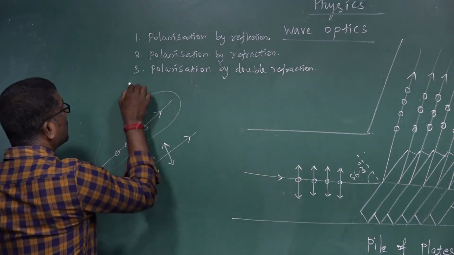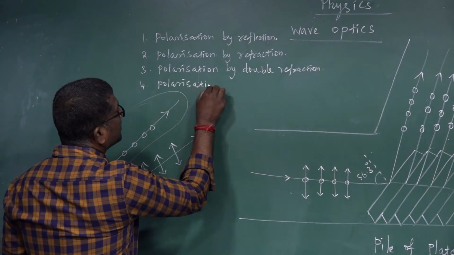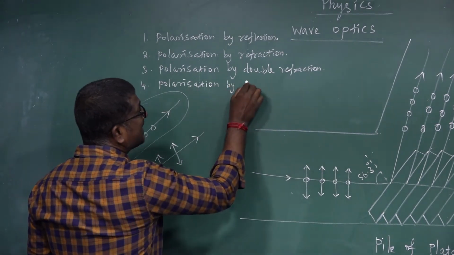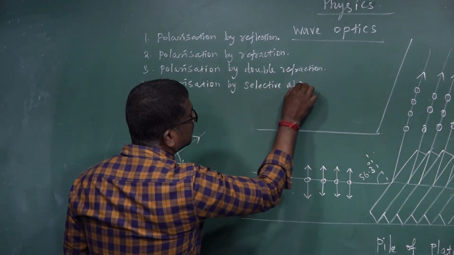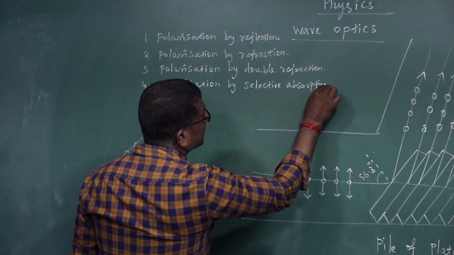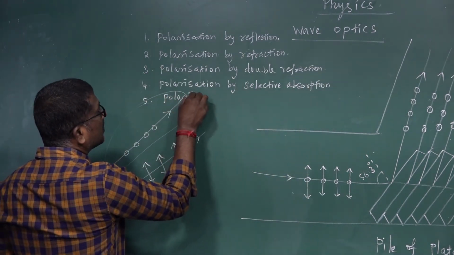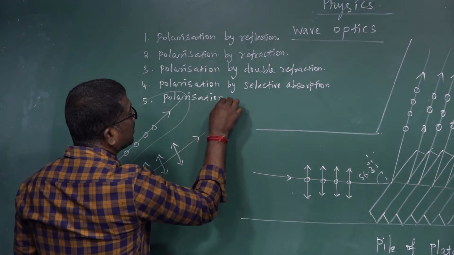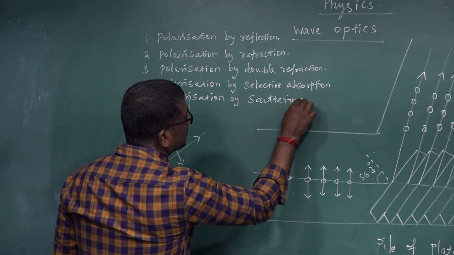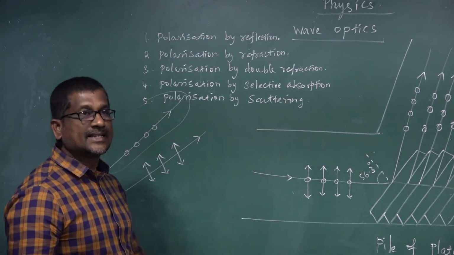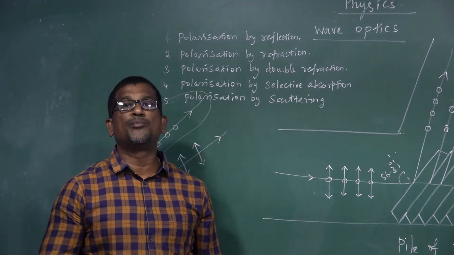Fourth, polarization by selective absorption. And last, polarization by scattering. So these are the methods used to produce plane polarized light.